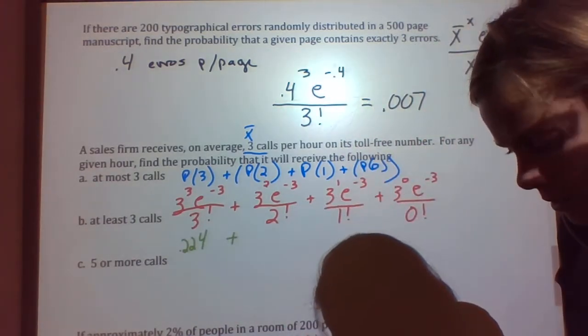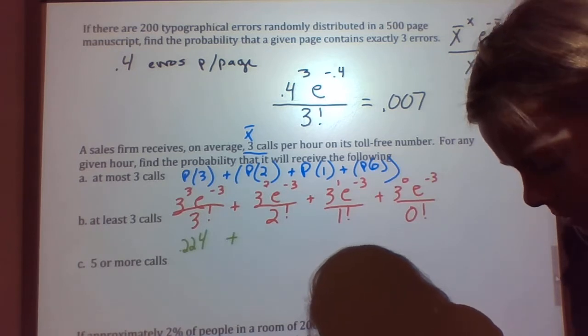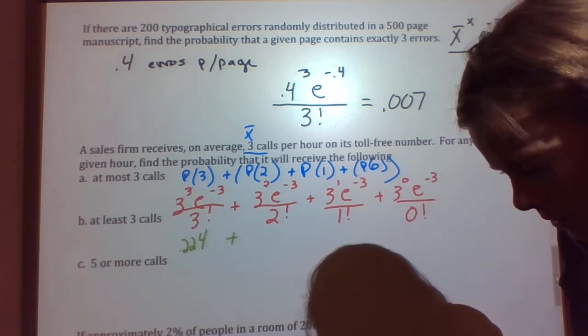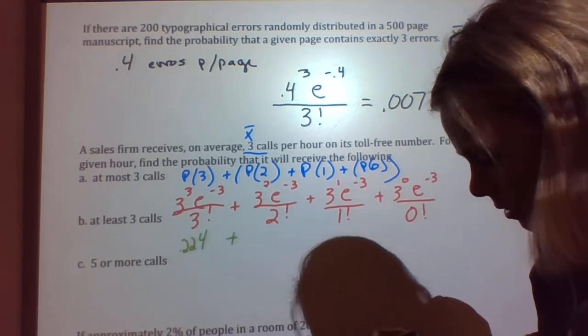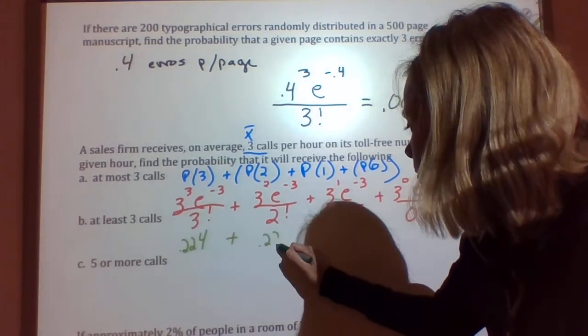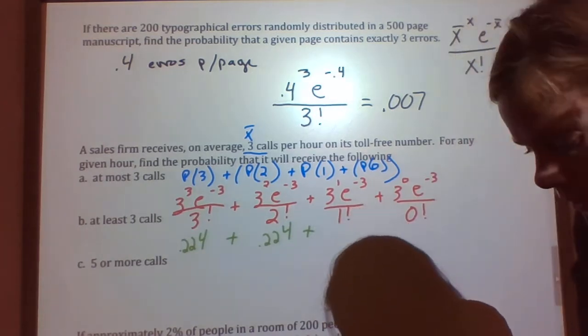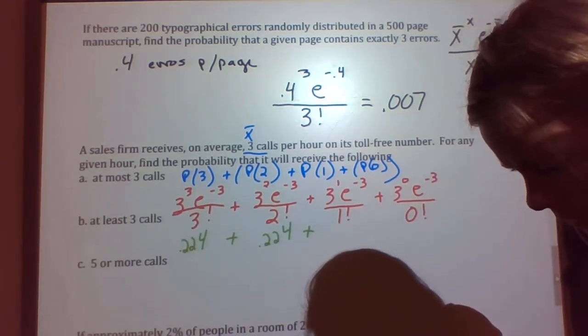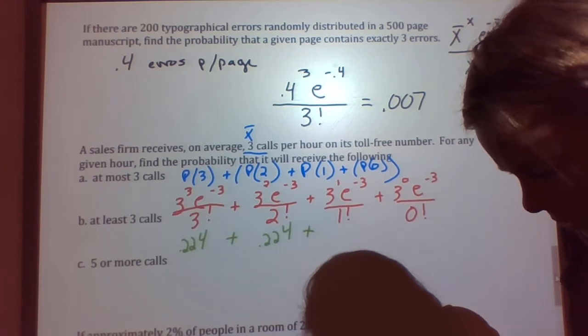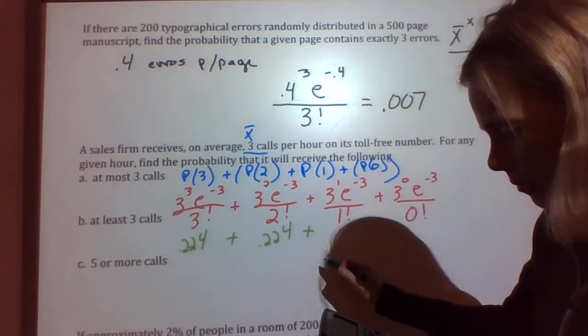Plus, for the squared one, 2 factorial is just 2, so 0.224. And then for 1, 1 factorial is just 1, so 0.149.